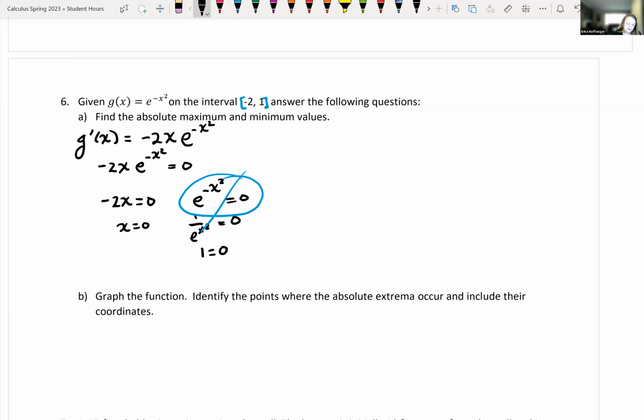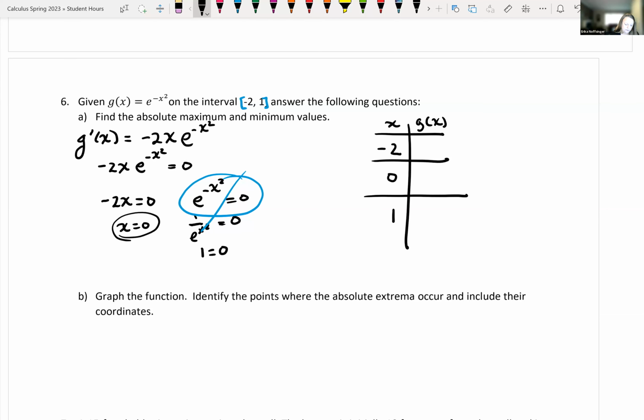The next piece of this was to plot our points at the endpoints and our critical value. So we have an endpoint of -2, our critical value x equals 0, and x equals 1.